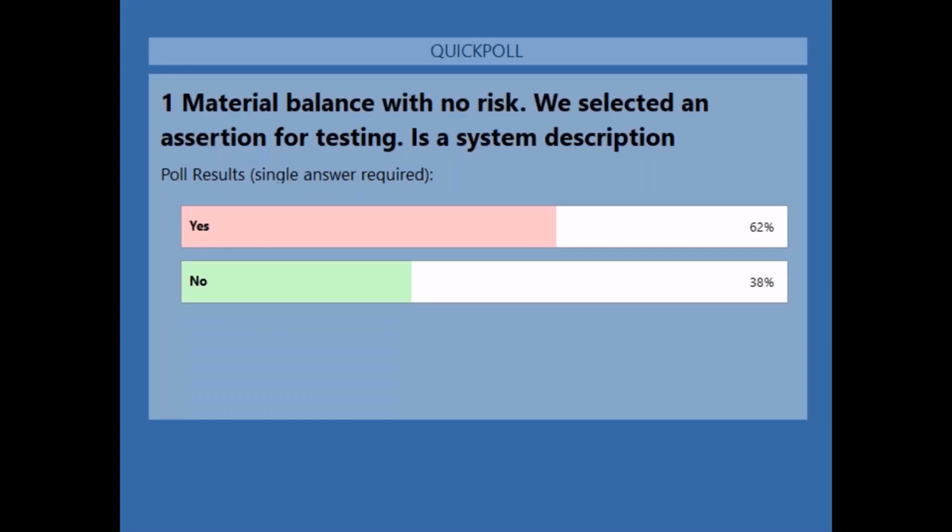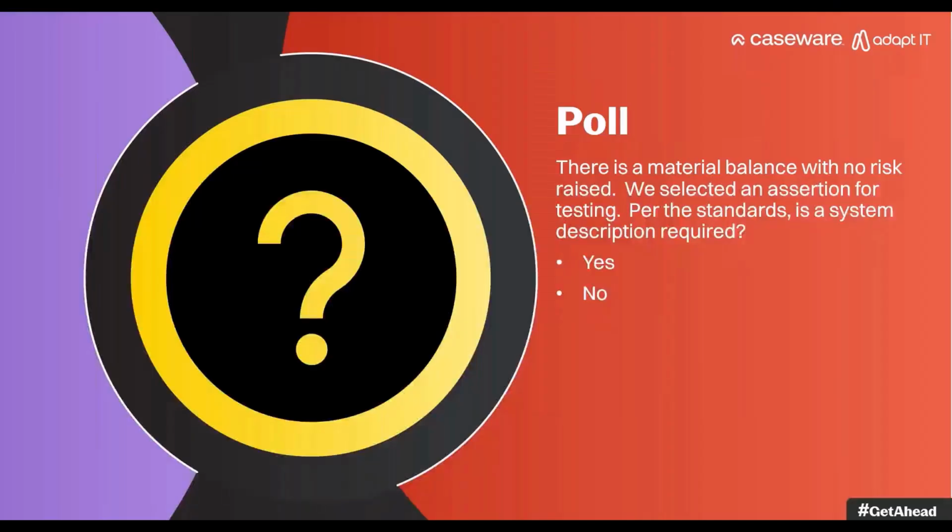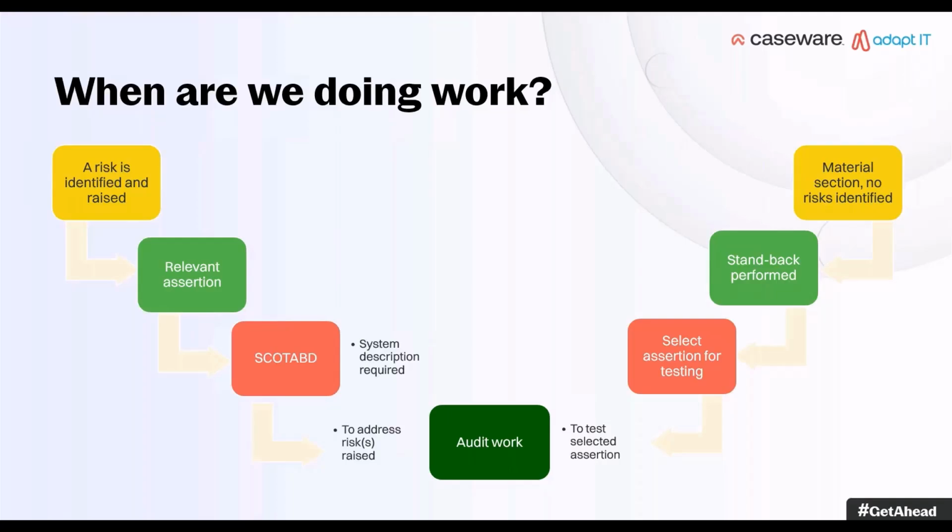The question that I asked related to the right-hand side. Oh, I haven't hidden the poll yet. Let's hide the poll so you can actually see my slide. The question related to the right-hand side of this slide. Let me get my laser pointer. I said we've got a material balance, a material section, with no risk identified. We performed our stand back.